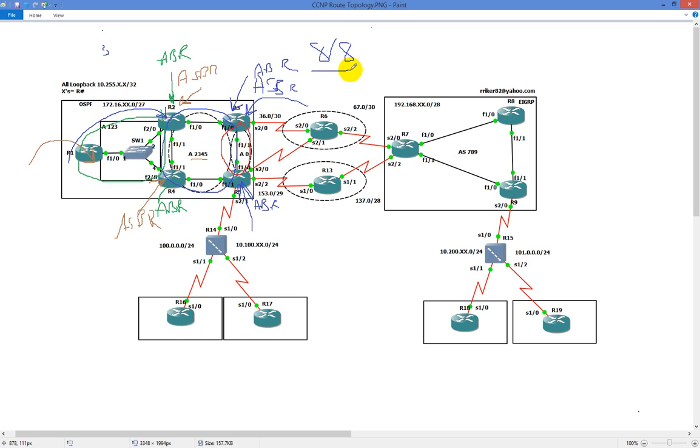The link state database sees it as a type 4 LSA. So he says, I need to get to the ASBR summary because it's an external route. So there he does an inter-area lookup. He does a type 4 LSA lookup, gets to router 3, and when he gets here, it's a type 5 external, so he does that lookup, finds it as a type 5, and is able to exit the network. So we go 3, 4, and 5. If you're in here, it's going to be 3 to 5.